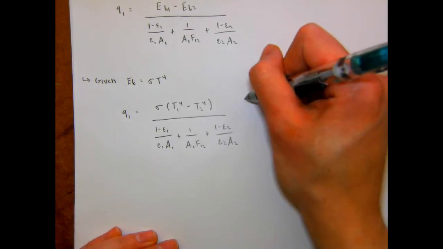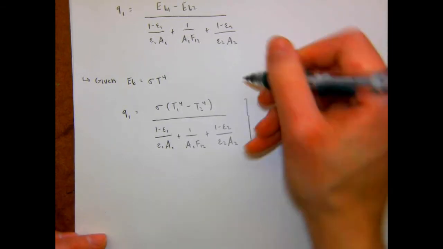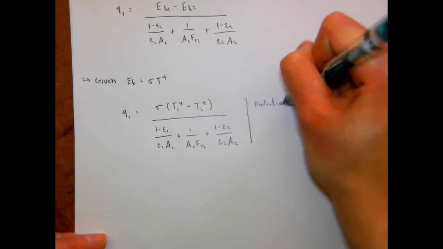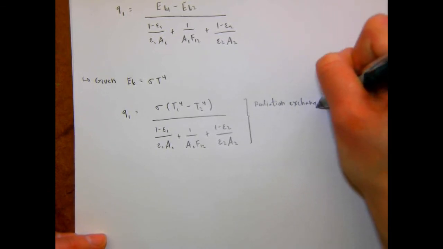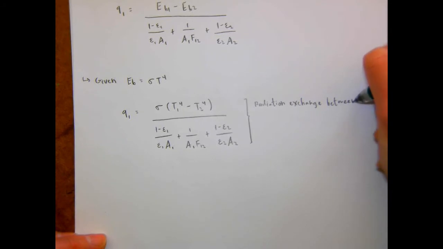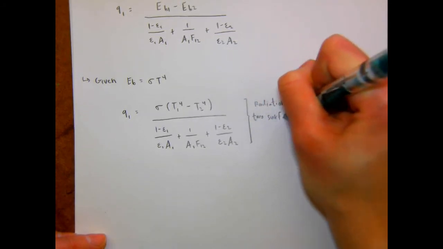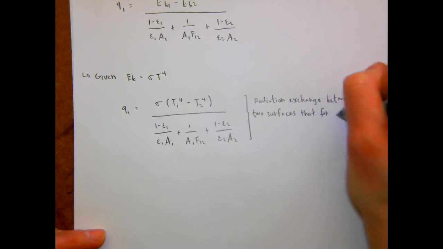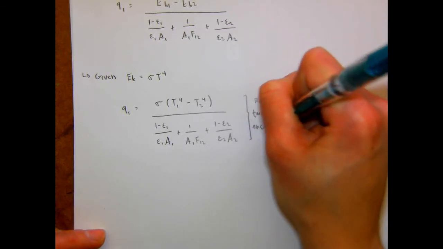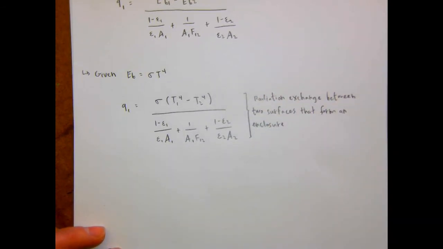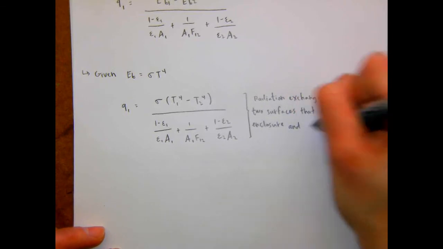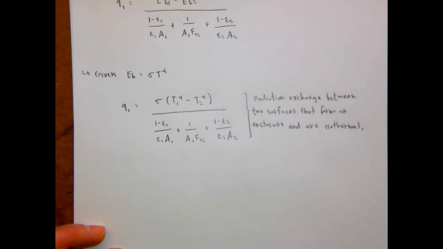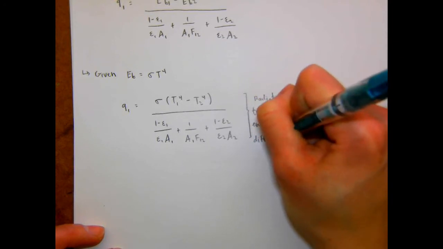And this is kind of our general equation for radiation exchange between two surfaces that form an enclosure, and are isothermal, so each surface is individually isothermal, diffuse, and gray.